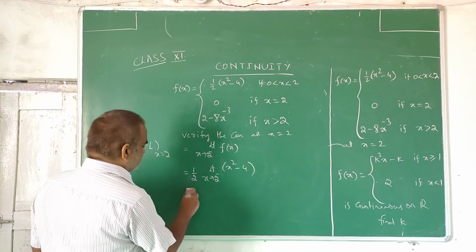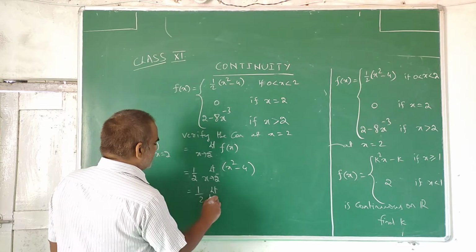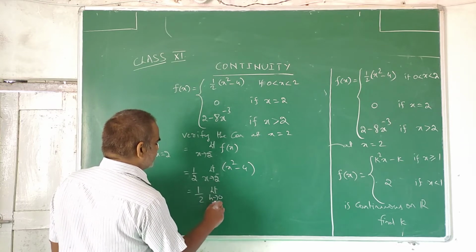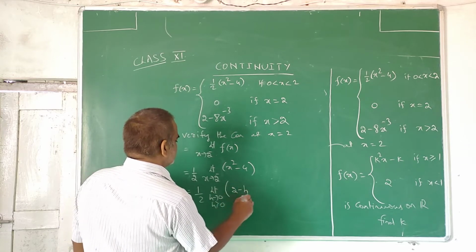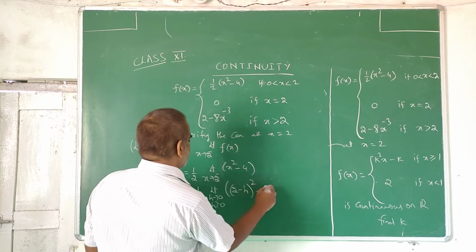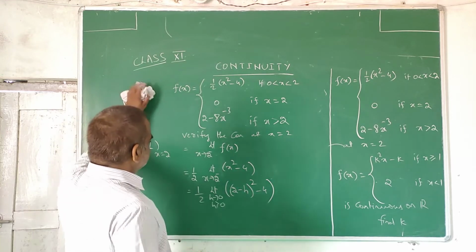Now this is equal to half into the limit as h tends to 0, h greater than 0, of (2 minus h) whole square minus 4.